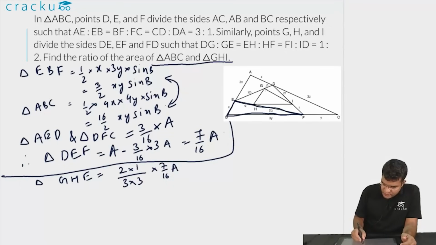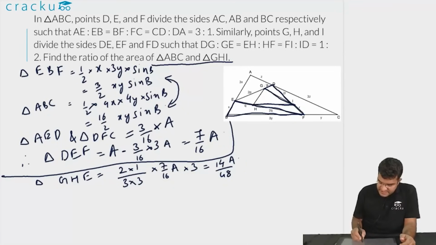Similarly, the other two triangles, that is D, G and I, as well as the triangle IH and F, we can find out the areas. They will also be equal to the same. So the total area of the three outer triangles will be the area of GHE into 3. This will come to 14A by 48.